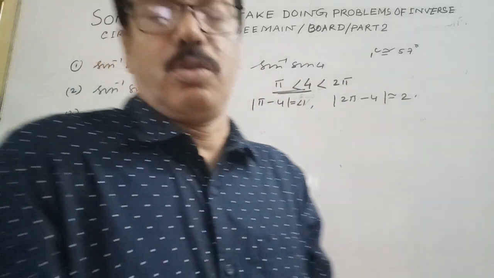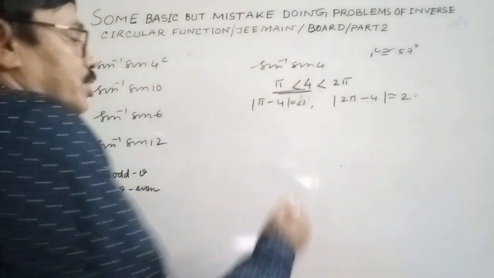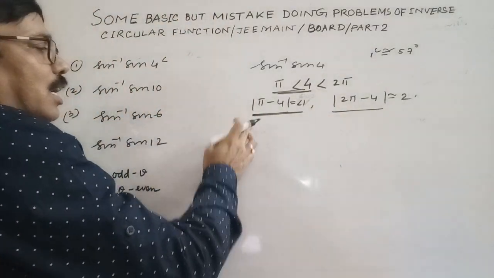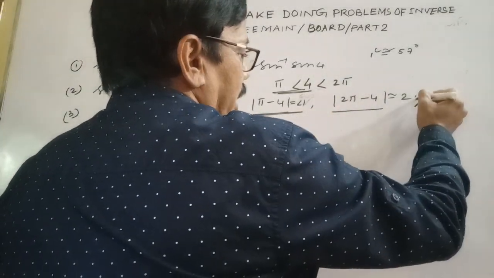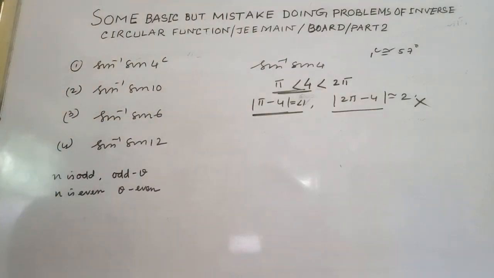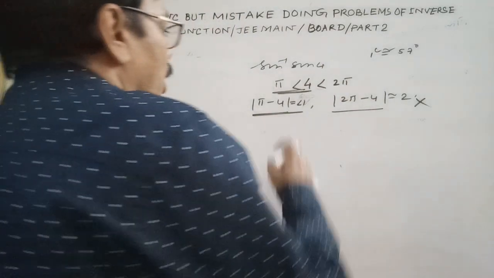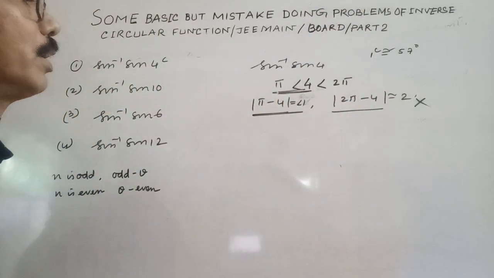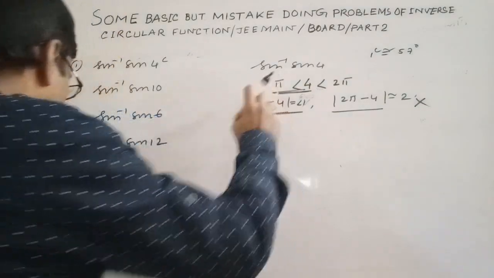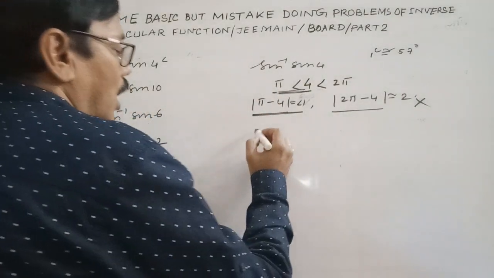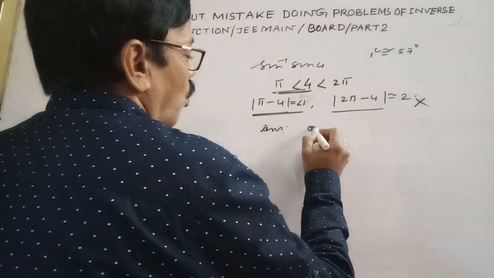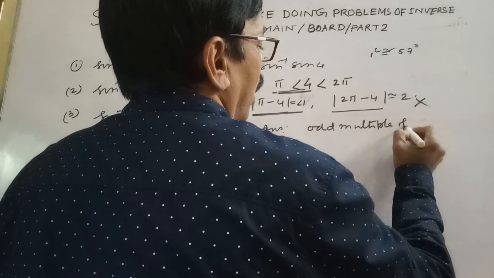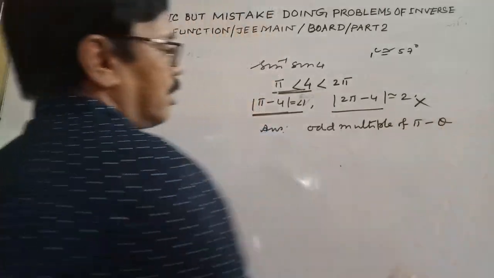So look at the rule. The difference of pi minus 4 and 2 pi minus 4, which one is lesser? You take this one, cancel this one. Now what is your rule? You look whether it is an odd multiple or an even multiple of pi. So this is an odd multiple. In case of an odd multiple, the answer is odd multiple of pi minus theta.